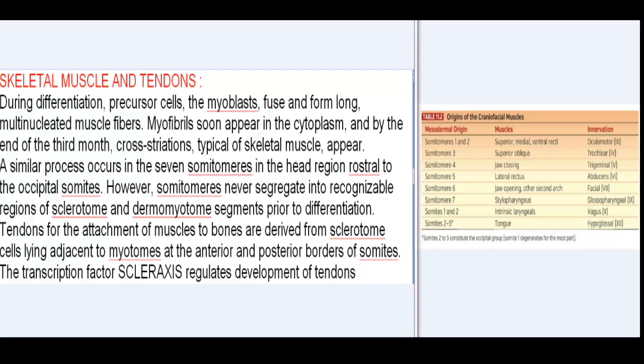However, somitomeres never segregate into recognizable regions of sclerotome and dermomyotome segments prior to differentiation. Tendons for the attachment of muscles to bones are derived from sclerotome cells lying adjacent to myotomes at the anterior and posterior borders of somites. The transcription factor scleraxis regulates development of tendons.